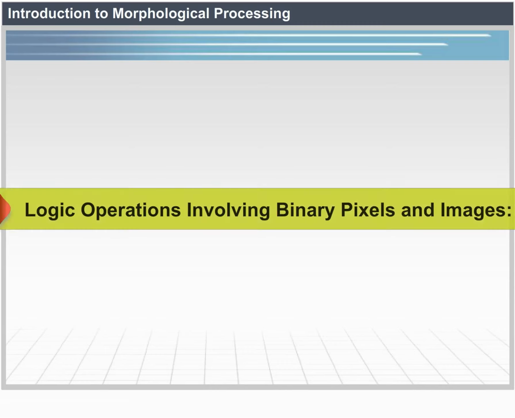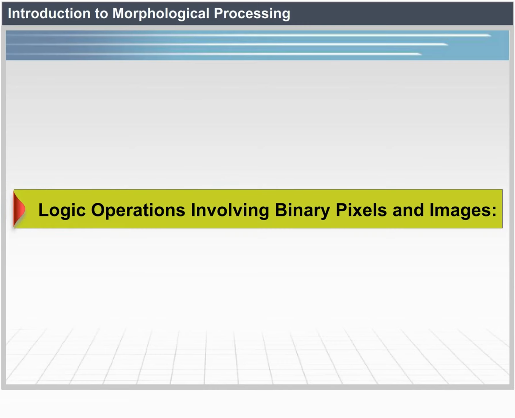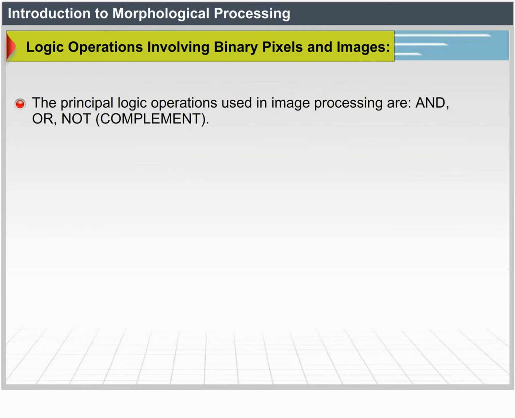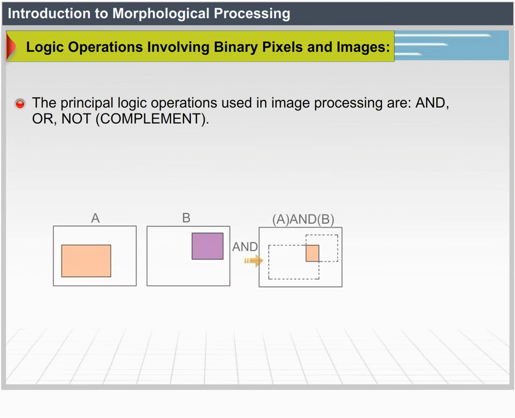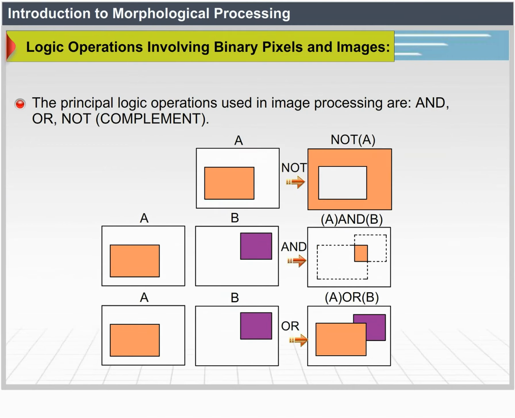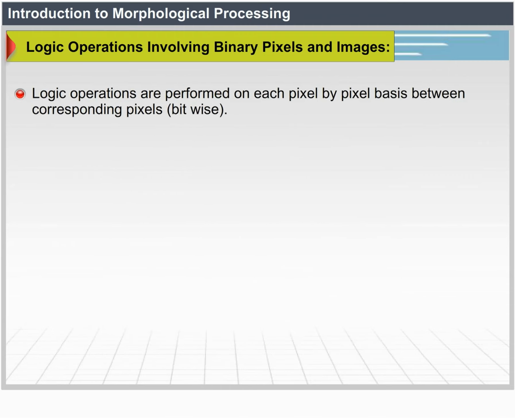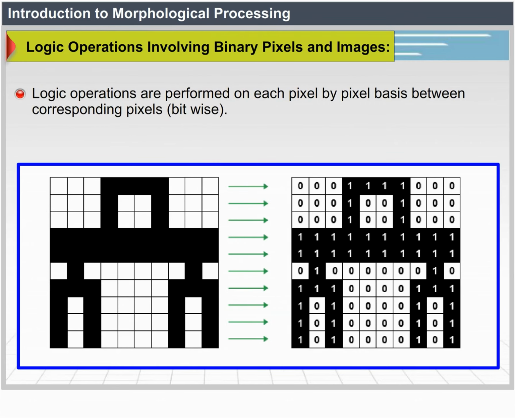Logic operations involving binary pixels and images. The principal logic operations used in image processing are AND, OR, and NOT (complement). These operations are functionally complete. Logic operations are performed on a pixel-by-pixel basis between corresponding pixels, bitwise.